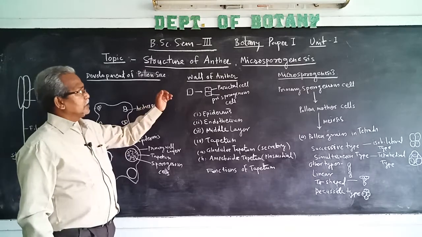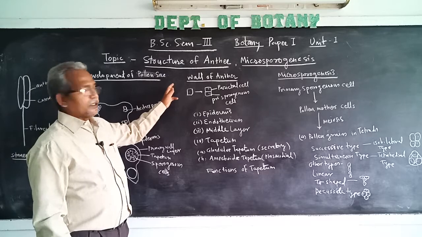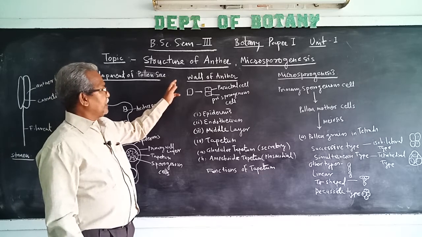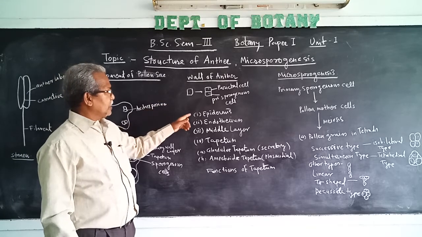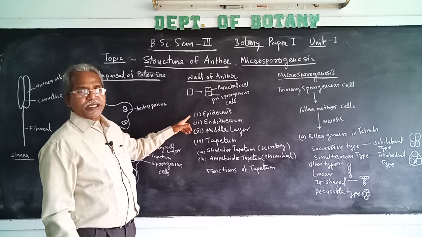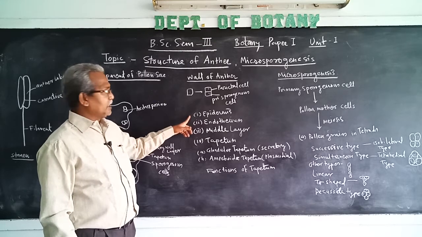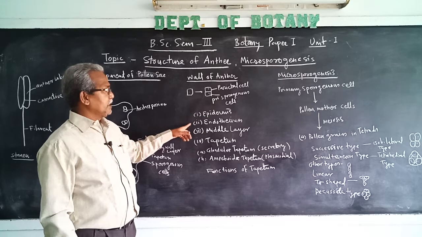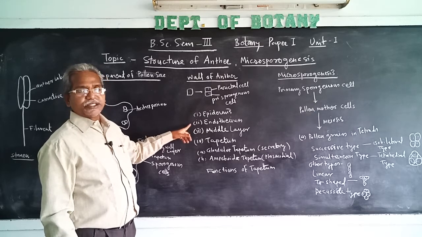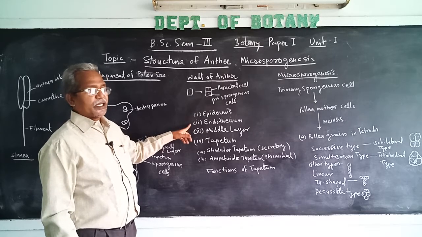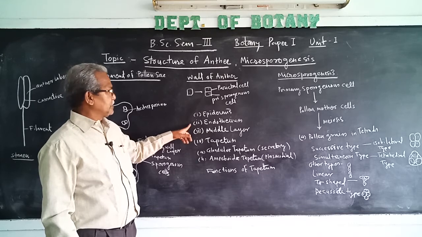The wall of the anther is made up of four layers. The outermost is the epidermis, a single layer. Just below the epidermis is the endothecium, a fibrous layer of radially elongated cells.